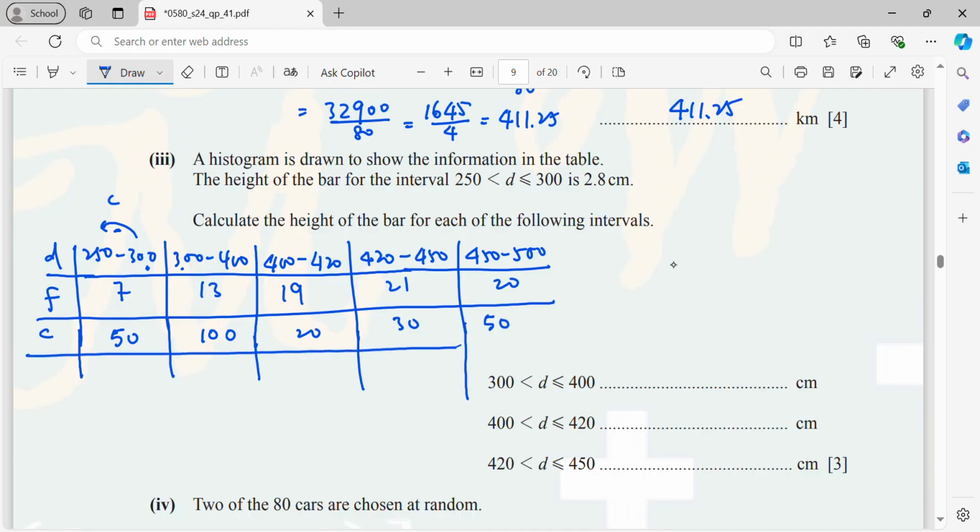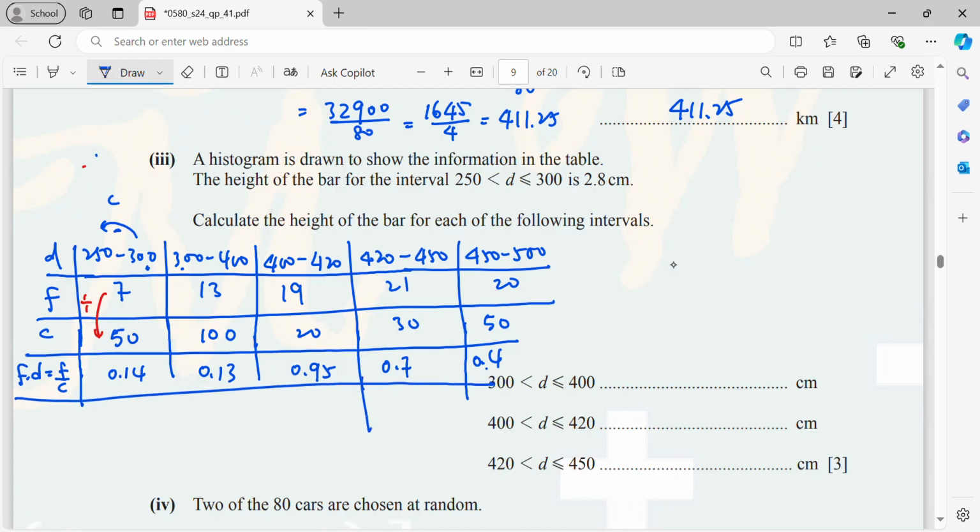Now I need to calculate the frequency density. Frequency density is frequency over class width, so you just divide. I will get 7 over 50, that is 0.14. 13 over 100 is 0.13. 19 over 20 is 0.95. Then 0.7 and 0.4.